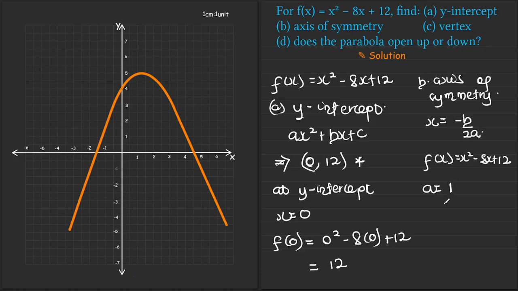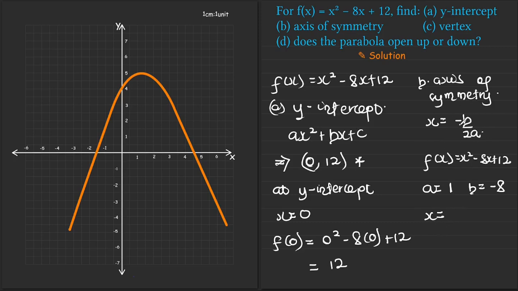So our a is 1, and then our b is also the coefficient of x. In this case, it is negative 8. Take note, every coefficient moves with the sign in front of it, or in other words, it moves with its polarity. So the coefficient is not just the 8, but the negative 8. So from this, we substitute into the equation here.